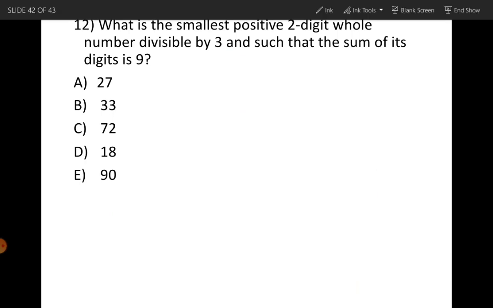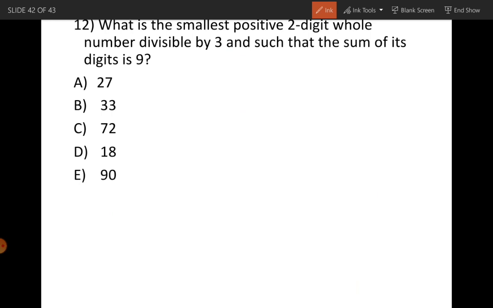Next question: what is the smallest positive 2-digit whole number divisible by 3 and such that the sum of its digits is 9? The question asks for the smallest 2-digit number.